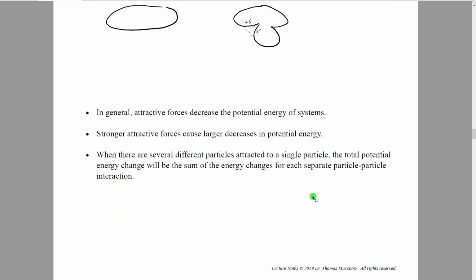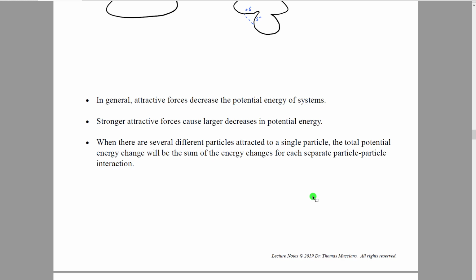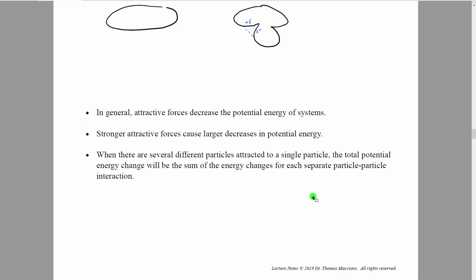Okay, the last thing I want to talk to you about regarding intermolecular attractive forces is that in general, bonds and attractive forces decrease the potential energy of systems, which makes them favorable. Stronger attractive forces cause larger decreases in potential energy. Weaker ones cause smaller decreases.